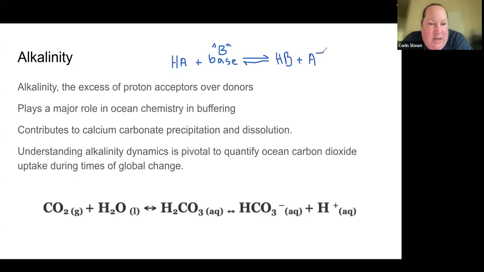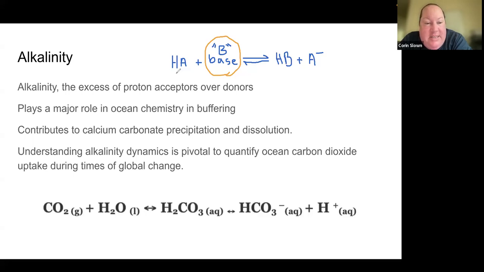So in this situation, if you have an excess of proton acceptors, so that would be the base, over proton donors, that would be the acid, that's going to shift our equilibrium. So it plays a significant role in ocean chemistry and in buffering.